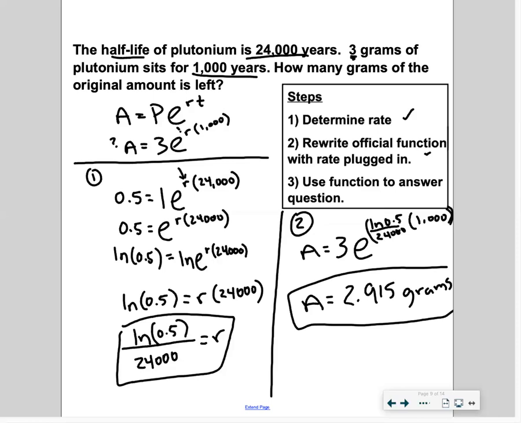If you can't find the keys, or if you're not getting it, let me know. All right, so that's a half-life question. That's one type of question you'll see. I'll do one more.